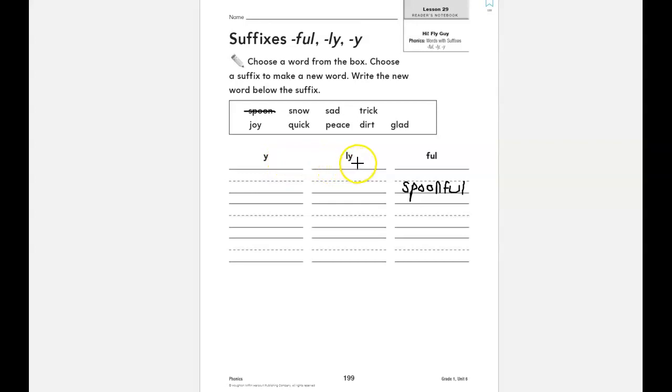E, ly, full. Write the word dirt with its new suffix ending under the right section. And for our last word, glad, what ending would you add? E, ly, full. Write the word glad with its new suffix ending underneath the correct section.